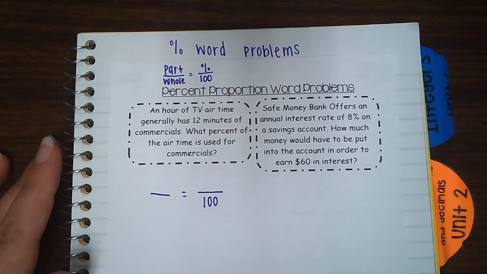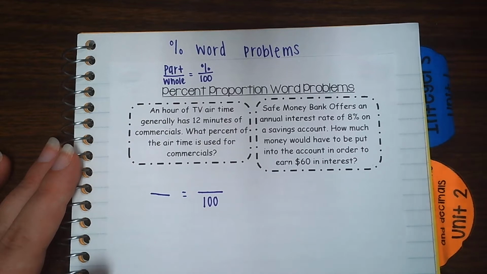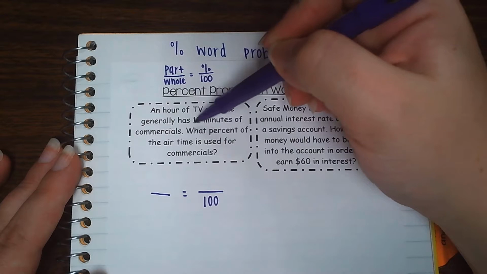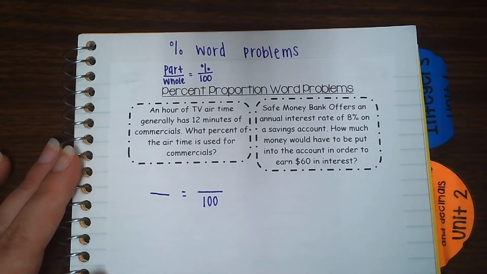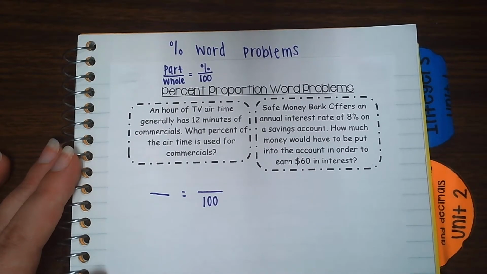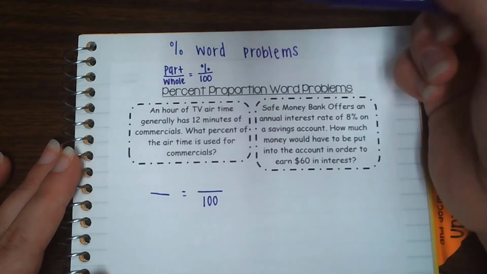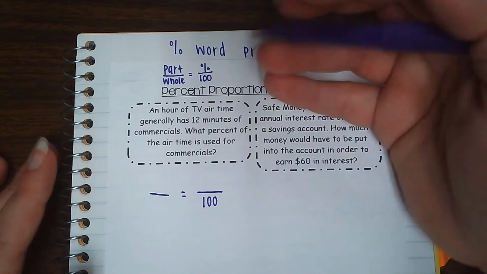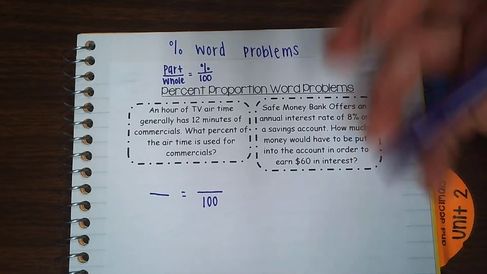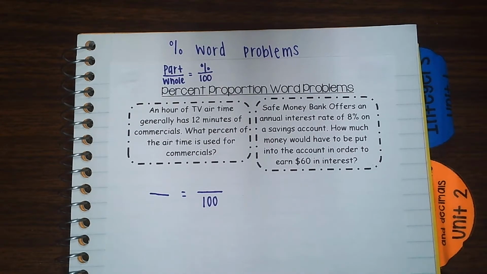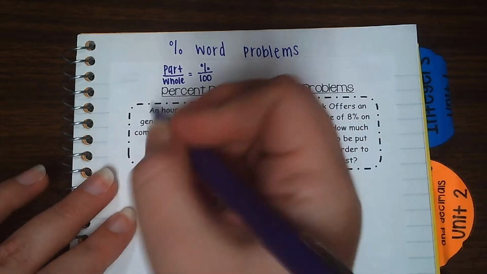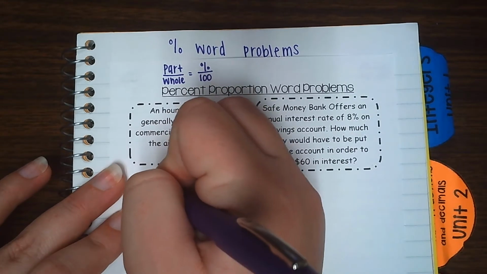So we need to figure out what is our part and what is our whole. Well, I only see one number. I see 12 minutes of airtime. Well, 12 minutes of airtime is describing the amount of time for commercials. That's part of the 1 hour of airtime. So 12 is going to go on top.